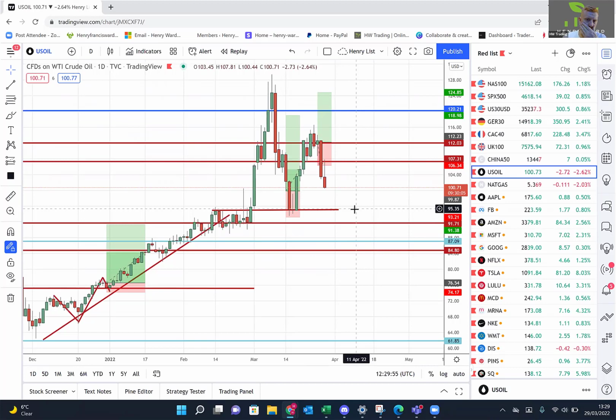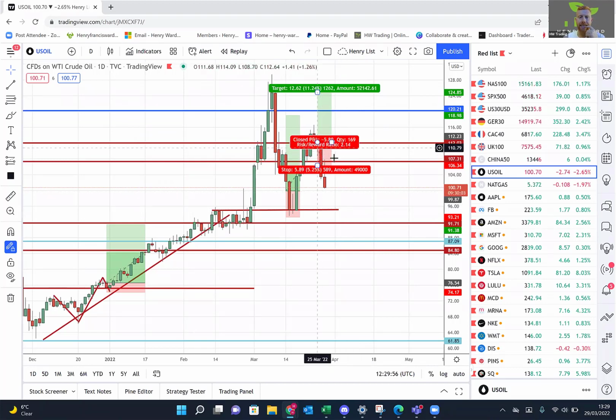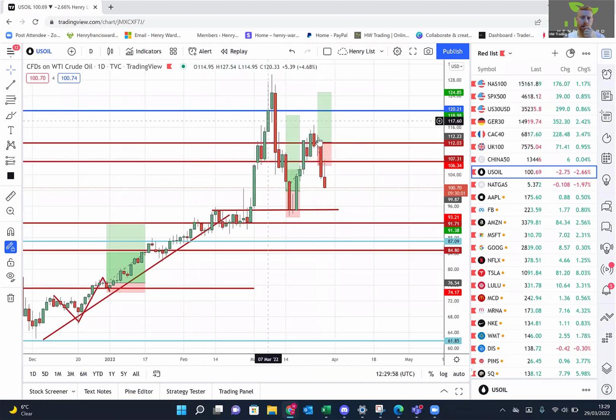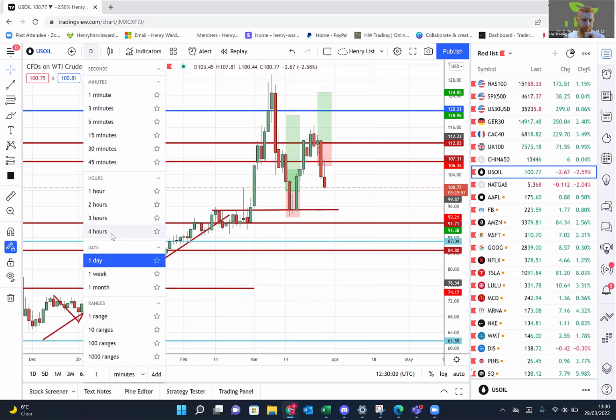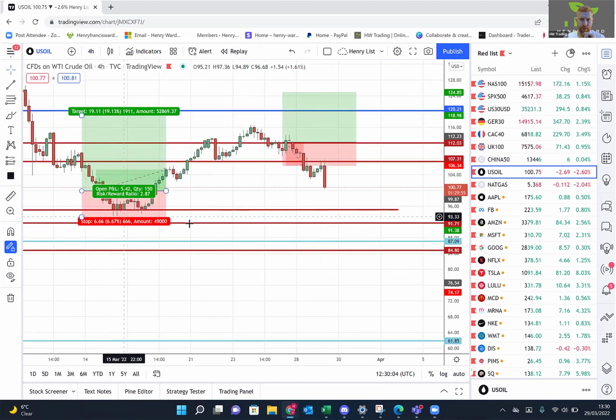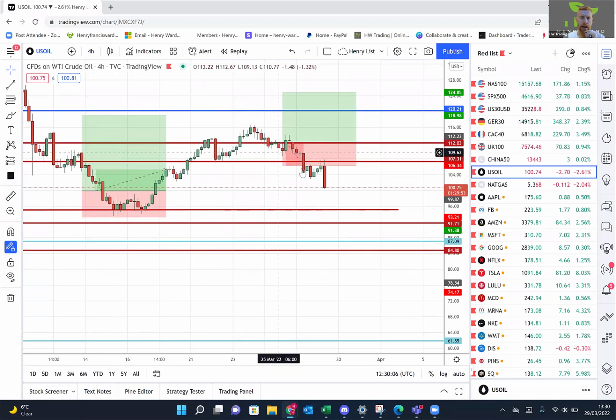So we potentially talked about this as a long on the smaller time frame, and what happened, it turned out to be a head and shoulders pattern. There's a left shoulder, there's the head, there's the right shoulder. We talked about this as a potential buy, triggered in, then triggered out.